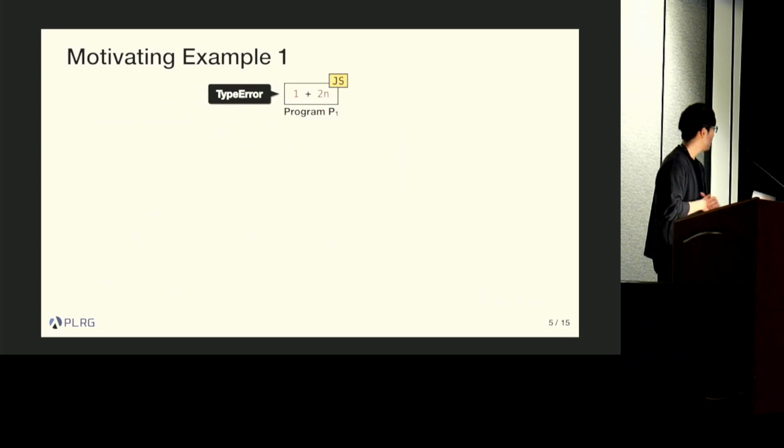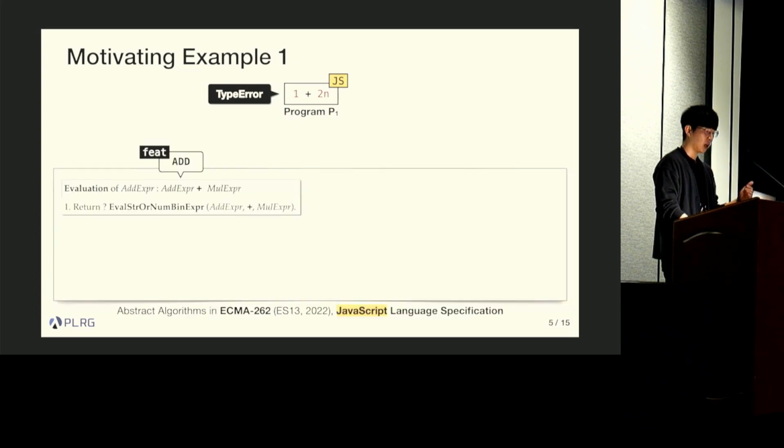In this motivating example, the program P1 adds a number value 1 and a big integer 2, and it throws a type error. Why? We need to read the specification. This is the JavaScript language specification, and it consists of many abstract algorithms in a pseudocode style, describing the semantics of each language feature.